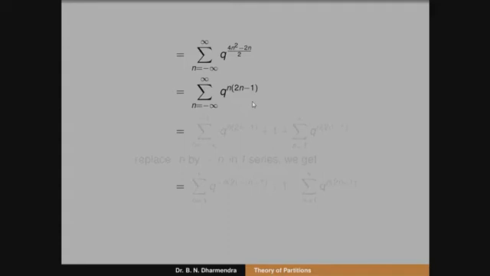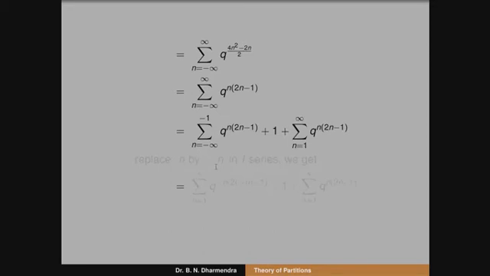So it can be written as n running from minus infinity to minus 1 q to the power of n into 2n minus 1, plus, for n equal to 0, q to the power of 0 which is 1, plus summation n running from 1 to infinity q to the power of n into 2n minus 1. But the first series has negative terms, that is n running from minus infinity to minus 1. So we can replace n by minus n in the first series.